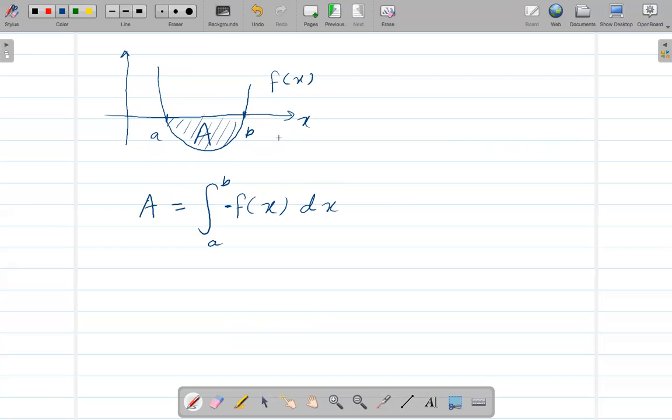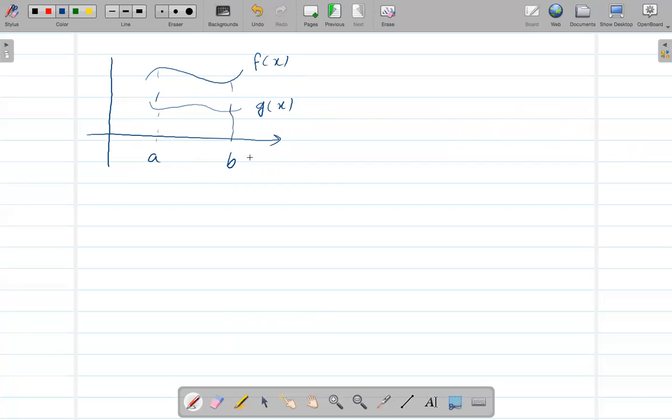Well, actually I have one more. So then let's say we have this graph and we have another graph. Let's say this one on the top is the f of x graph, this one on the bottom is the g of x graph, and let's say we are finding both on an interval a to b.